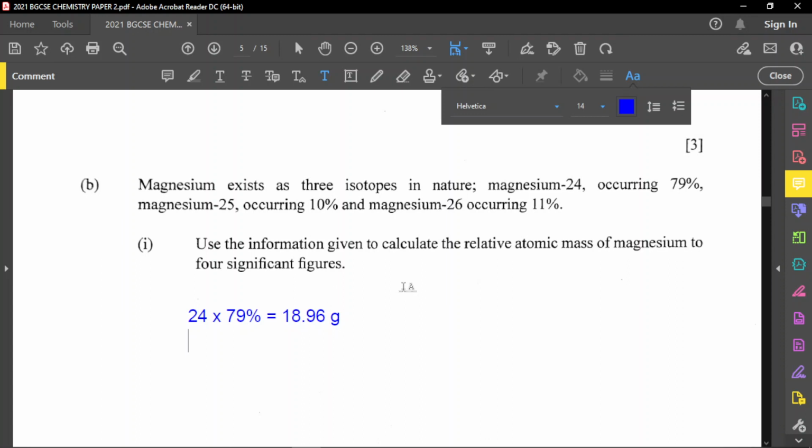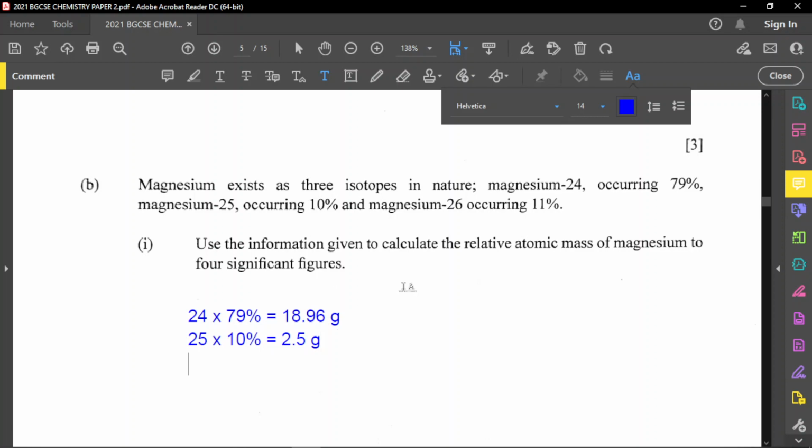The other one will be 25, at 10%. So 25 multiplied by 0.1, or 10%, same thing, equals 2.5. The 10% of 25 is 2.5, and that is in grams as well.